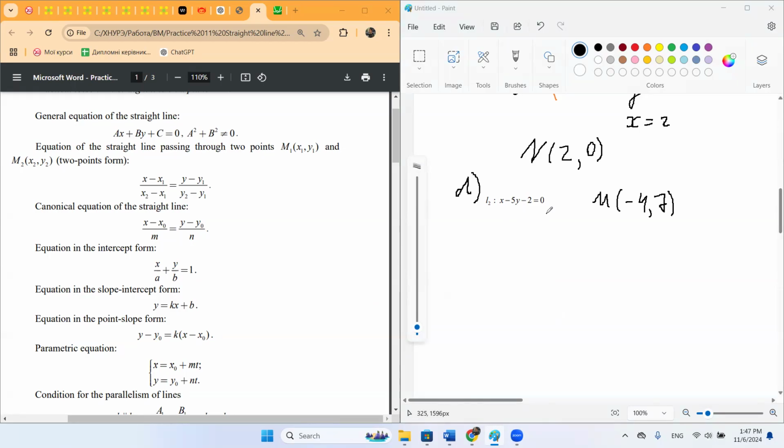Normal vector. Yes, the normal vector of this line has coordinates 1 and -5.